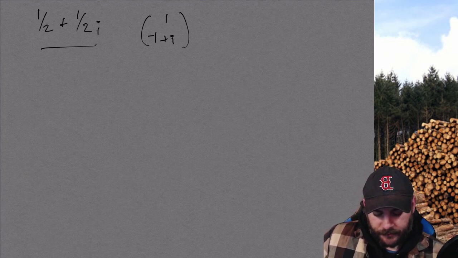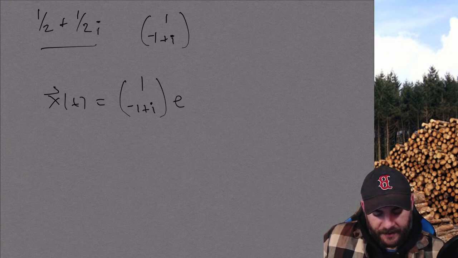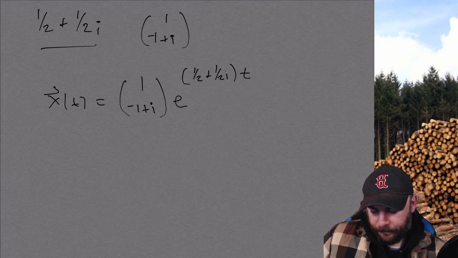So first things first, this gives me a vector valued solution to my problem. And what it is, I write my eigenvector down, plus I, and then I've got e to the 1/2 plus 1/2 I t. All right, that looks simple enough.